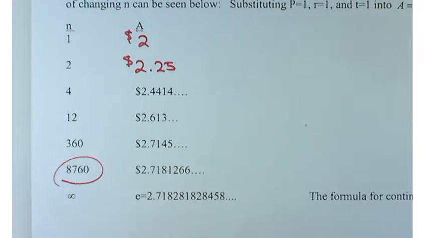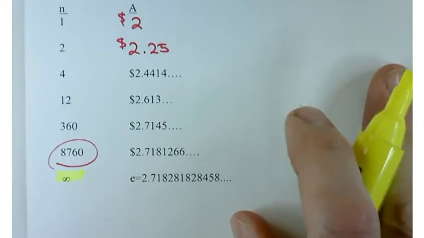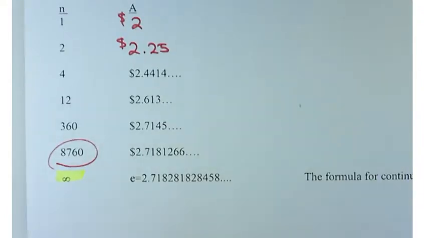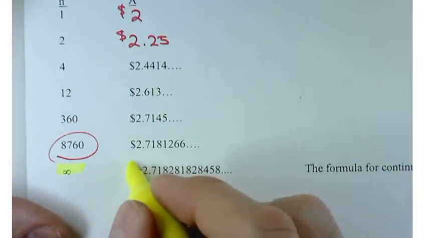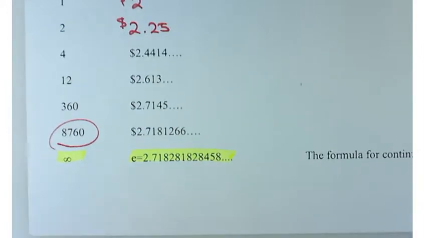Now, through the magic of calculus, you can actually drop infinity into this formula. And what that would show you is you get this magic number back in terms of interest. 2.71828182845, whatever. All right, keeps on going forever. And that number is e.